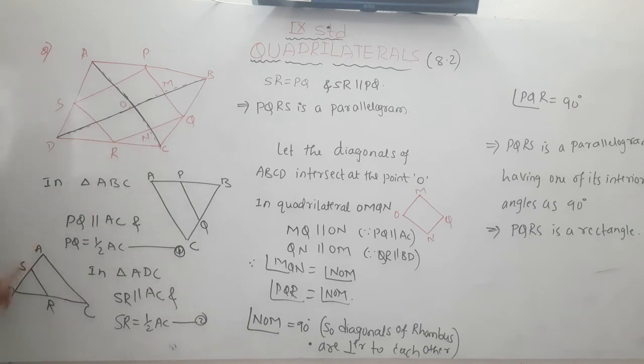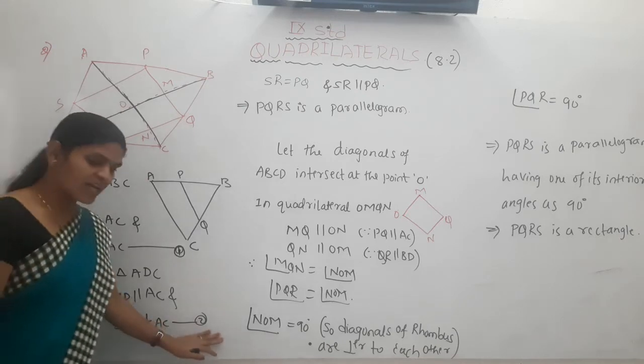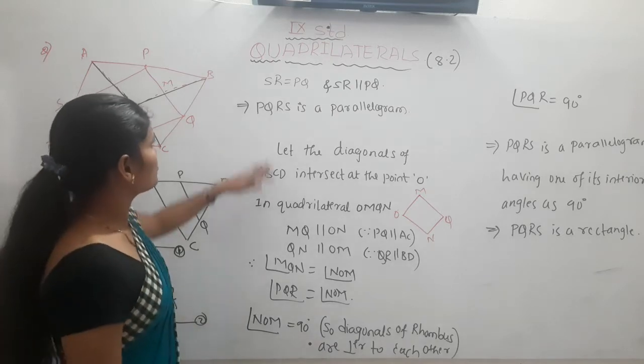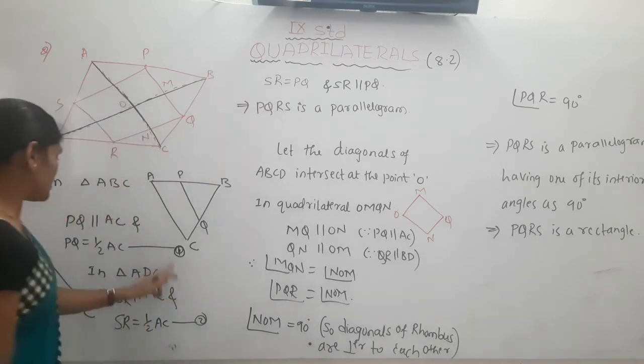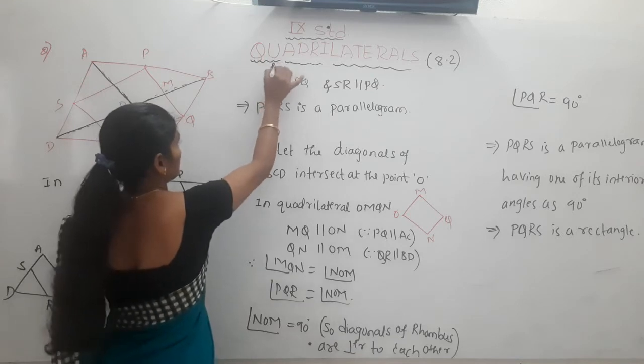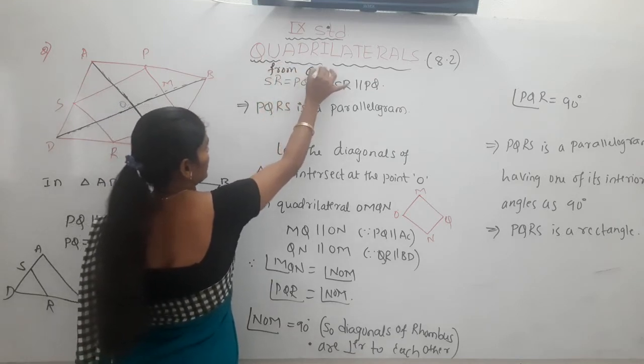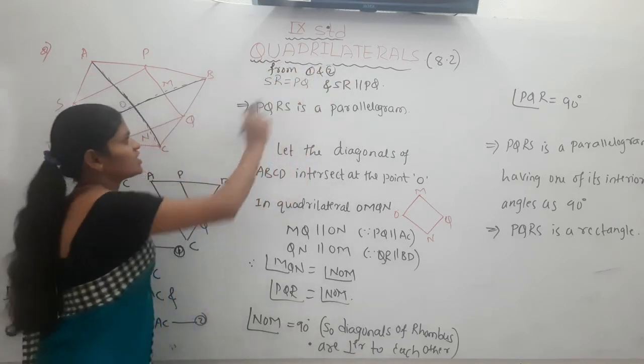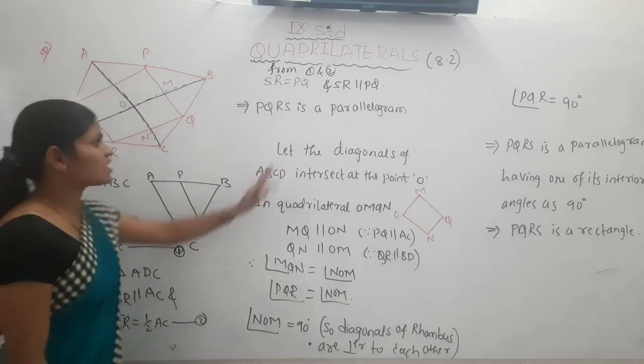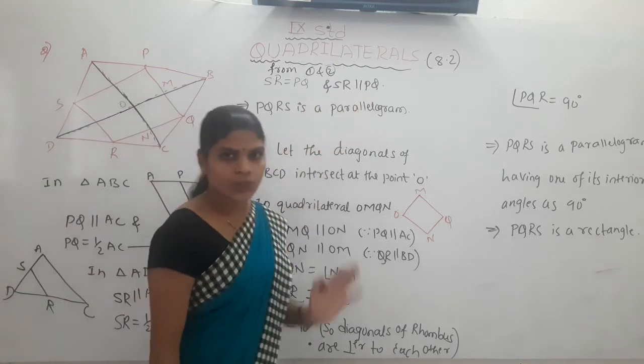So SR is parallel to AC and SR is equal to half of AC. Give this equation as 2. From equations 1 and 2, we can decide that SR is equal to PQ and SR is parallel to PQ.